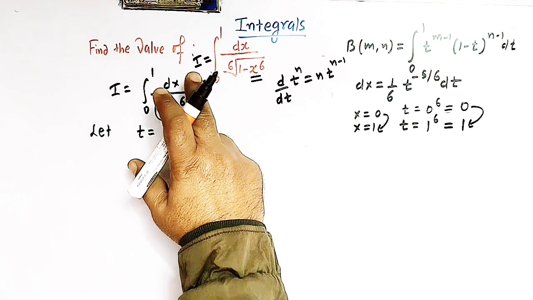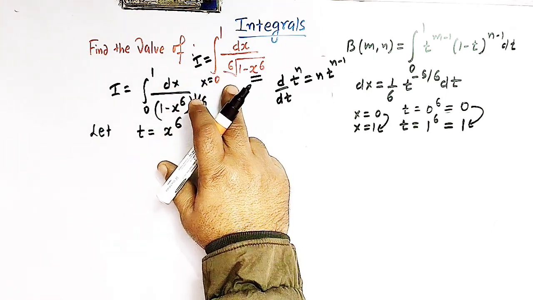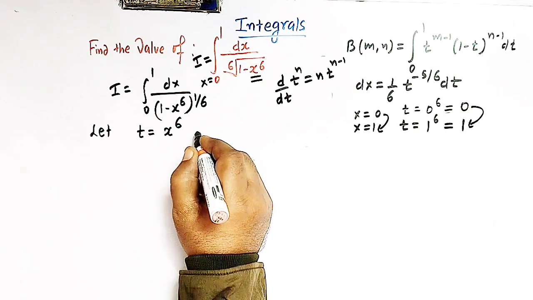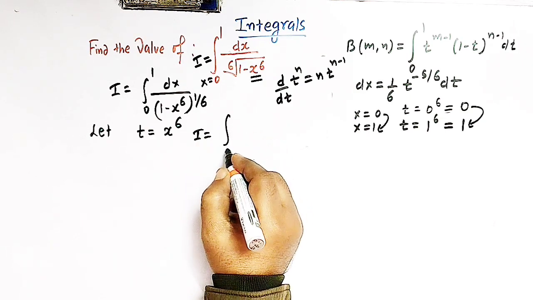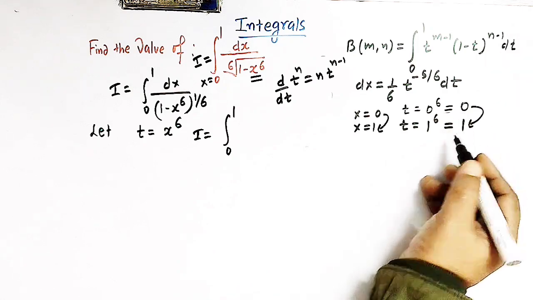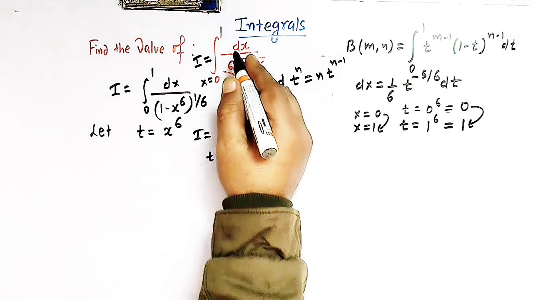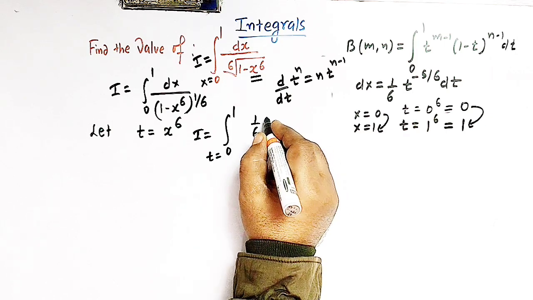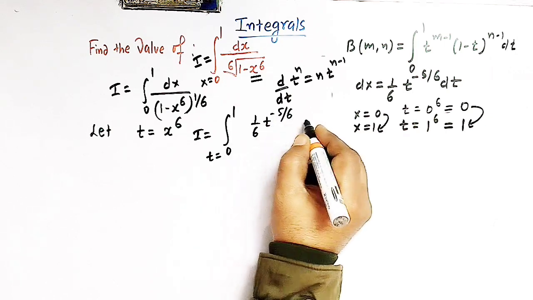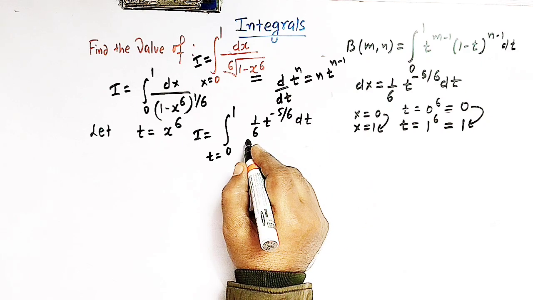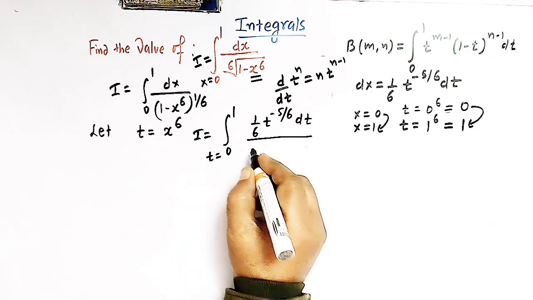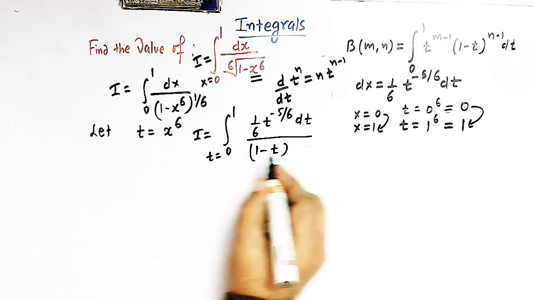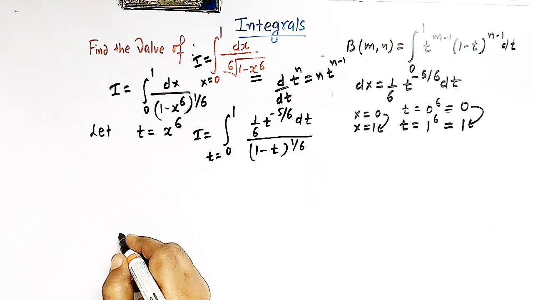So now let us write the value of this integral I in terms of t. We can now write I is equal to the integral from 0 to 1, because the limits remain the same, and for dx we can write 1 over 6 and t raised to minus 5 over 6 dt, and in the denominator we have 1 minus t, because x raised to 6 is t, all raised to 1 over 6, right?